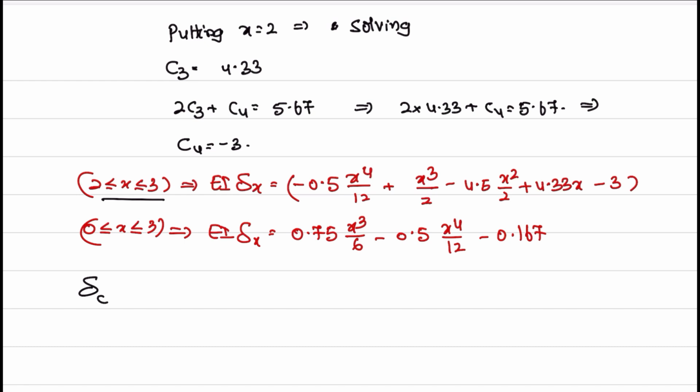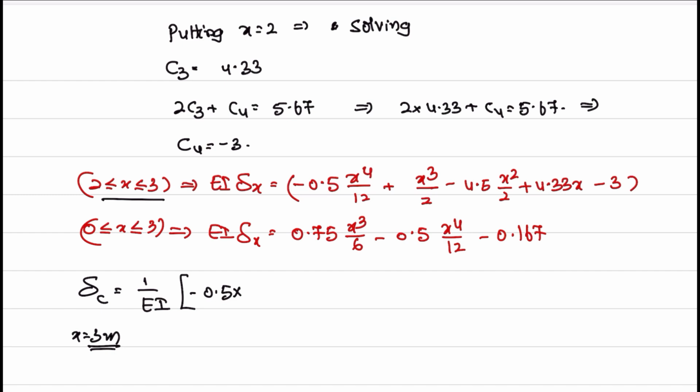Deflection at C is equal to 1 by EI into minus 0.5 into. At deflection at C means x is equal to 3. We have to put x is equal to 3 because we have to find out at the free end.